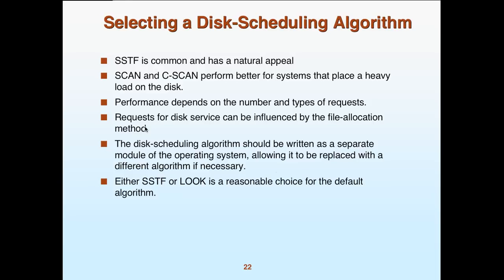So if we know where the blocks are, we don't have to go all over the disk for them. They're right here. The disk scheduling algorithm should be written as a separate module of the operating system, allowing it to be replaced with different algorithms as necessary. So either the shortest seek time first or LOOK is a reasonable choice for a default algorithm for implementation.